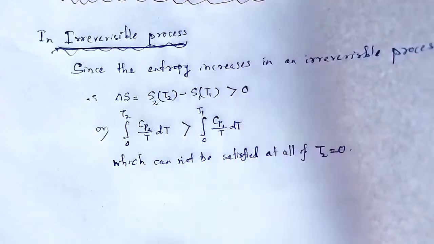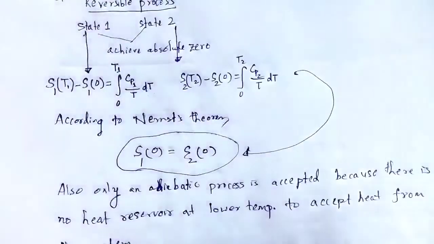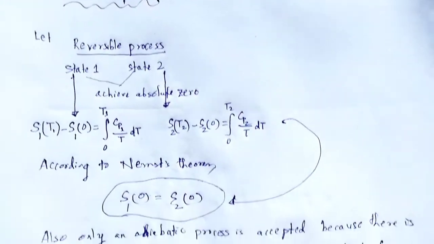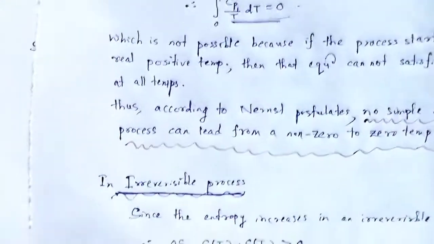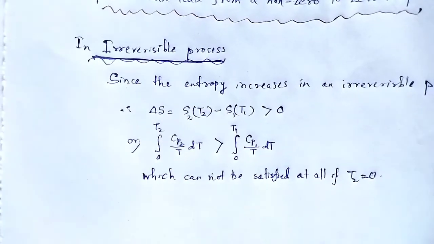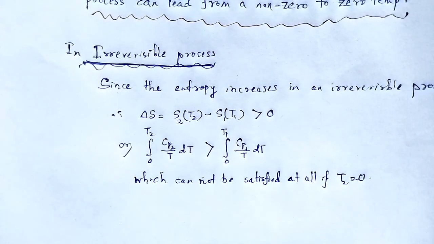So, look at these two: one is a reversible process and another is an irreversible process. From these two thermodynamic processes, we conclude that we can't achieve the absolute 0 temperature.